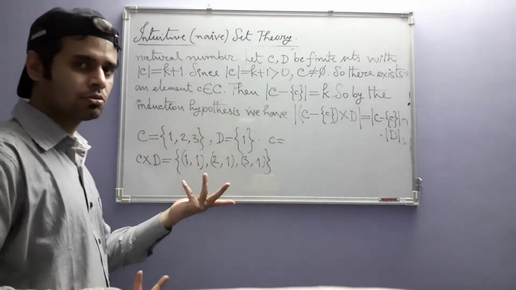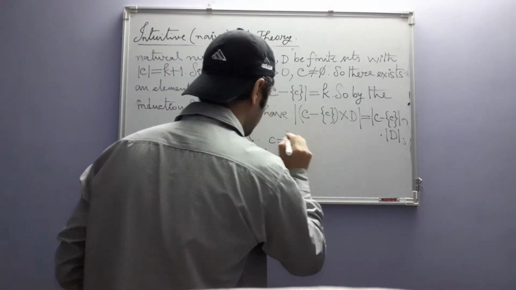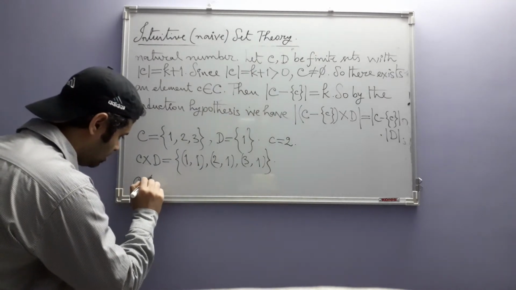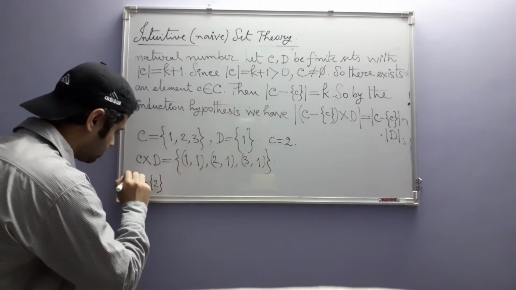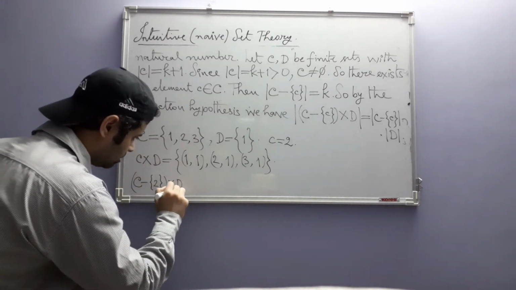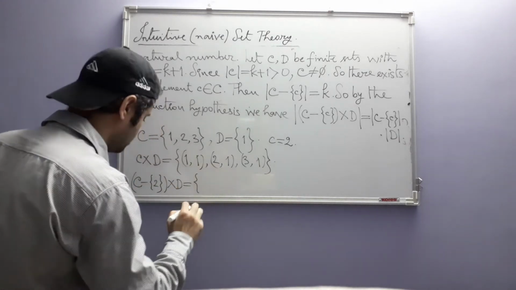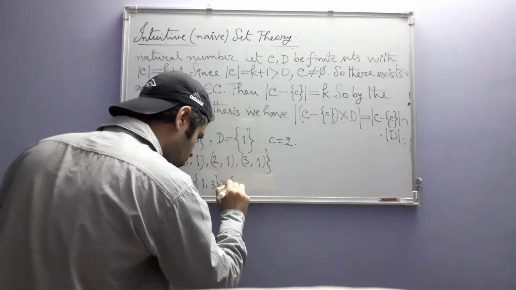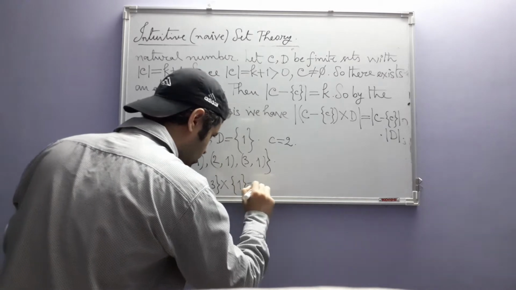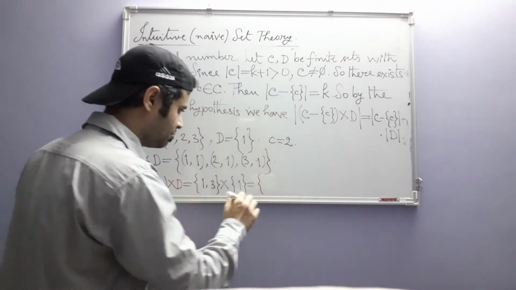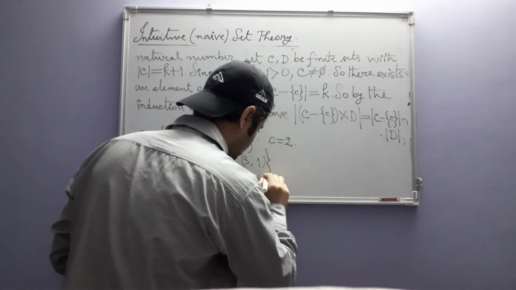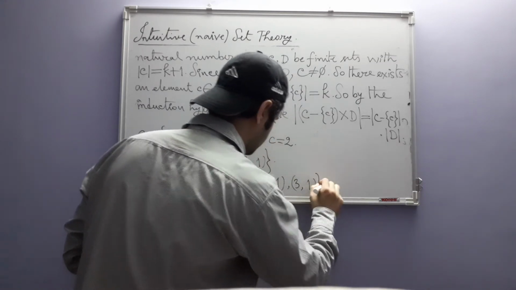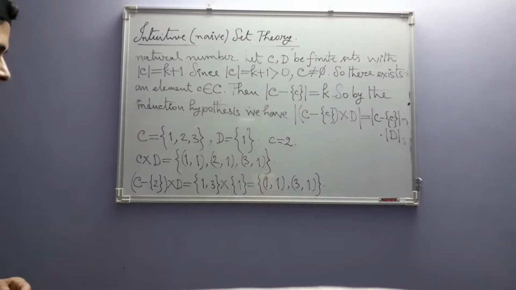Let me choose 2. Suppose c is equal to 2. Then what is C minus {2} cross D? C minus {2} means {1, 3} cross {1}. So this one will give me (1,1), (3,1). Right?